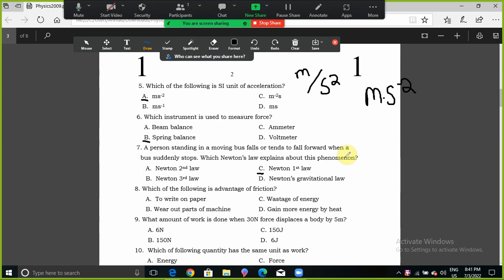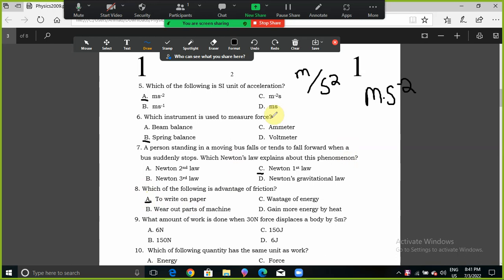Why? Because it makes friction between the paper and the pencil or the pen. Also other examples like walking, tires, and brakes are advantages of friction. So the correct answer for question number 8 is A.